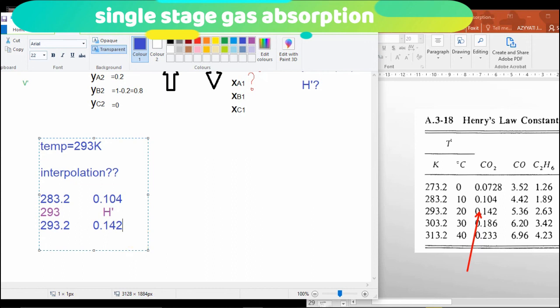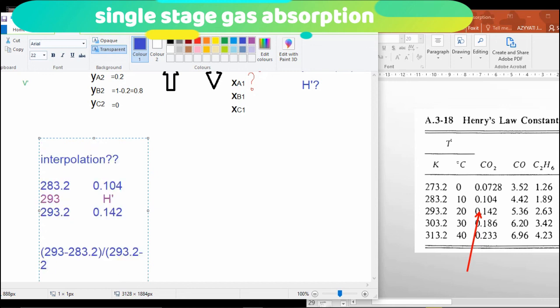The simplest method is to write down 293 minus 283.2, over the last value minus the first value, 293.2 minus 283.2.